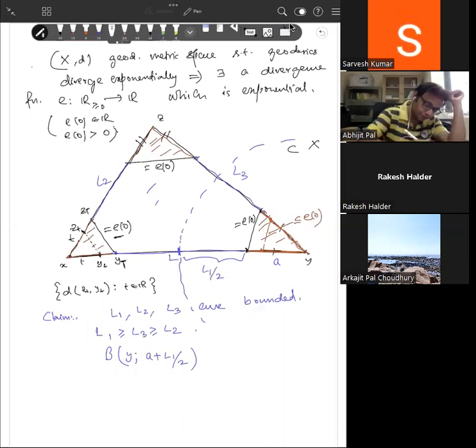Now if I think of this path, starting from here, going from here to here, go like this, then go like this, and then again come back here. So this path is lying outside. If I call this path alpha, so alpha lies outside this ball.